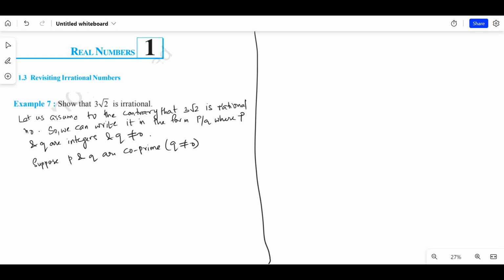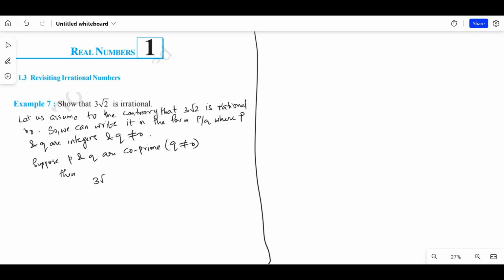Co-prime means those that have only one common factor, that is 1. If p and q have any other common factor other than 1, then we divide both p and q with that common factor and make it co-prime.